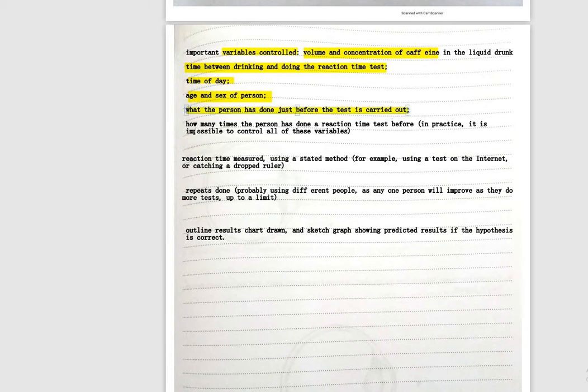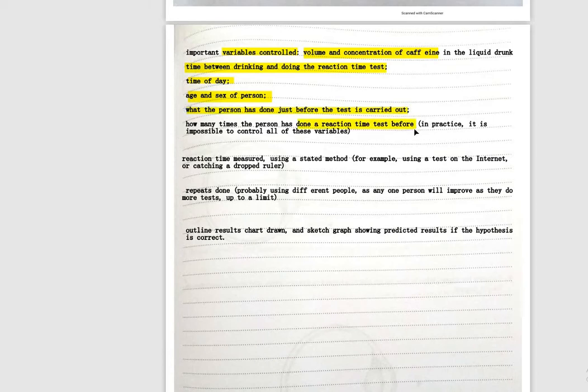Sometimes the reaction time can also be affected by what the person has eaten or drunk before, or what activity the person did before consuming the caffeine, and how many times the person has done a reaction time test before.